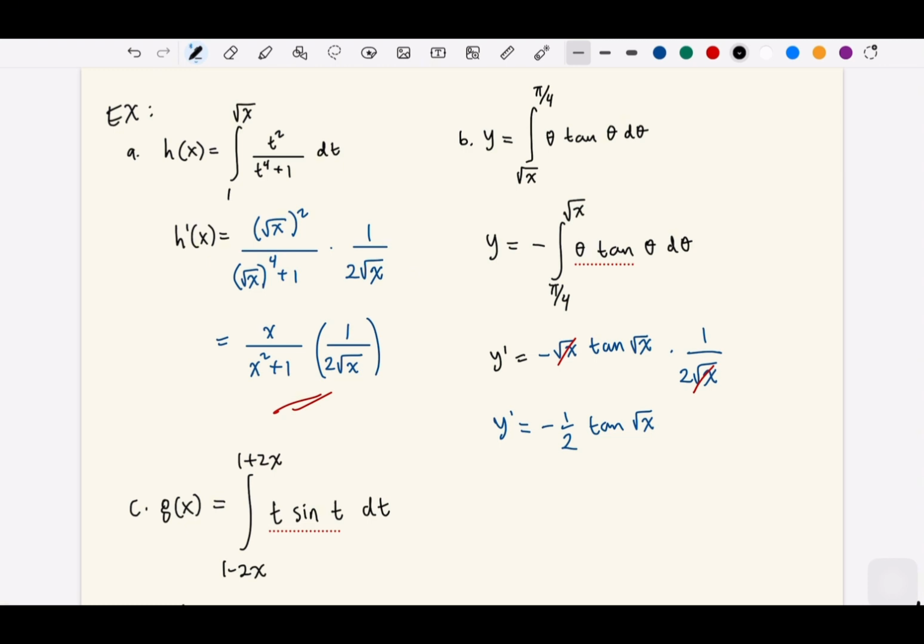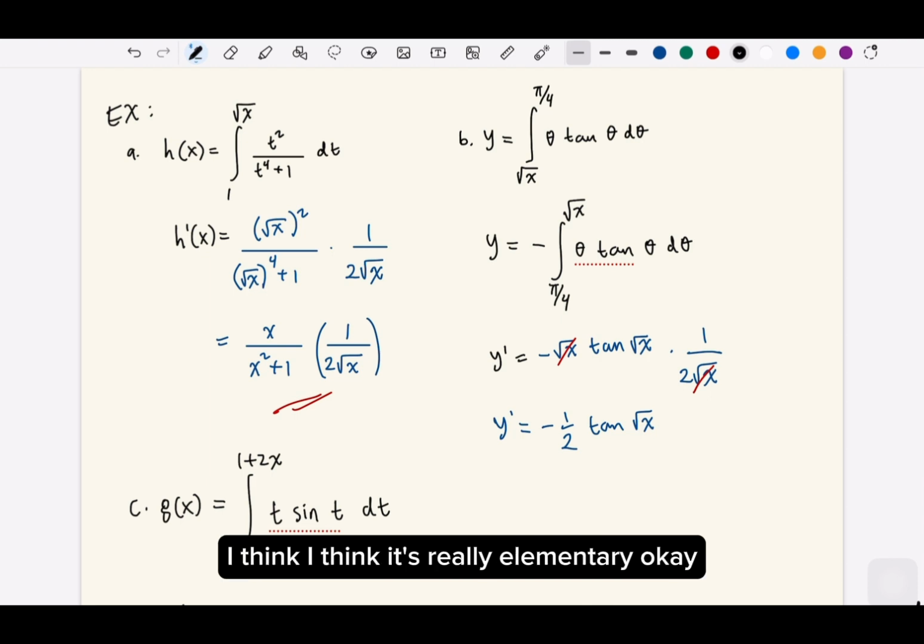Don't apply to both of them. But this is already one, right? So that it's negative square root of x. Okay, I understand. I think it's really elementary.